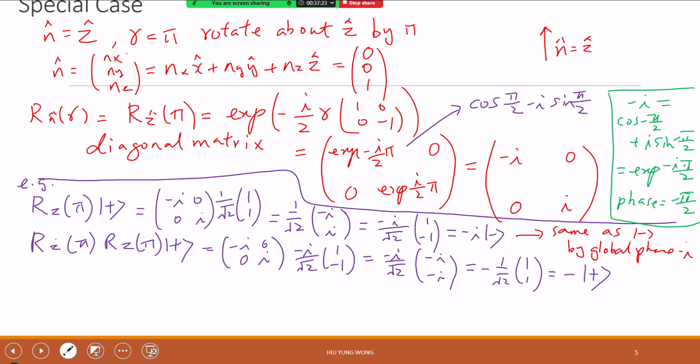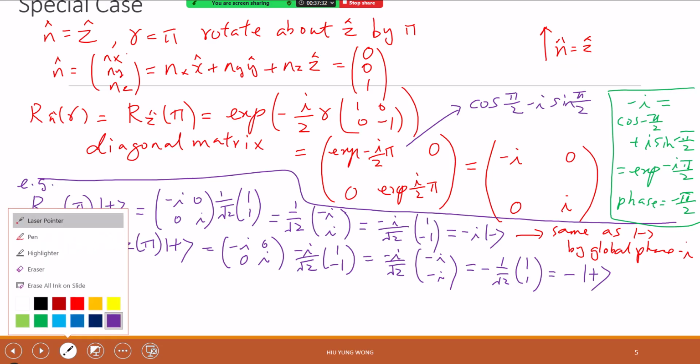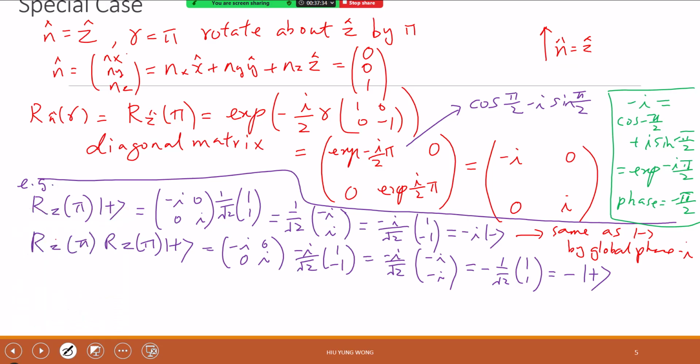Because they are in two different spaces, this is like the Mobius ring. I don't know if I pronounce it right. Anyone can correct me. You have a ring like this, right? If you go by 360 degrees, you go back to your original position.